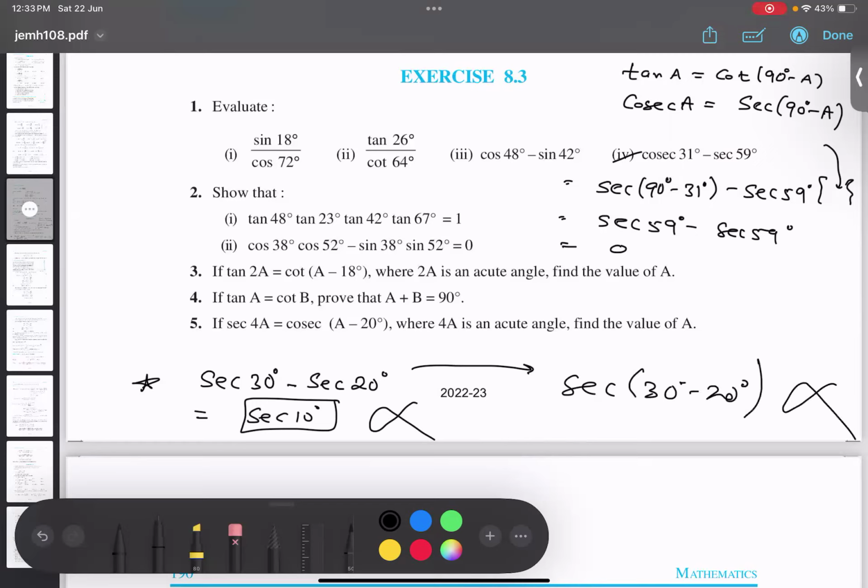I cannot take the ratio common. I'm just sharing some of the most common errors students make, so please do not make those errors. Do something extra, do something unique. Always write down what I'm telling you right now. Take a screenshot if you want.